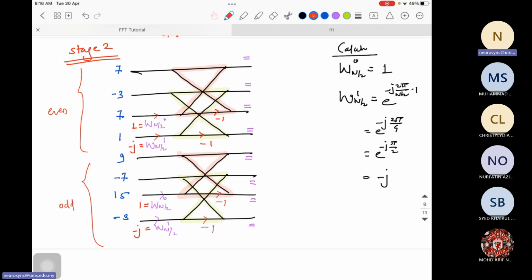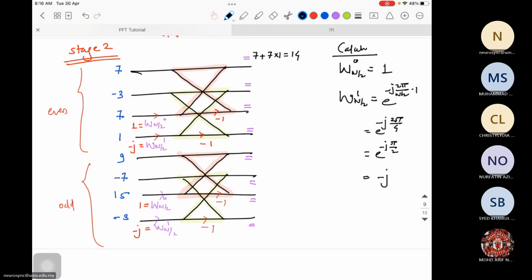Now give me the value here. This value is the addition of this plus 7 into this, multiply and add here. So how much is it? 7 plus 7 into 1, which is equal to 14.